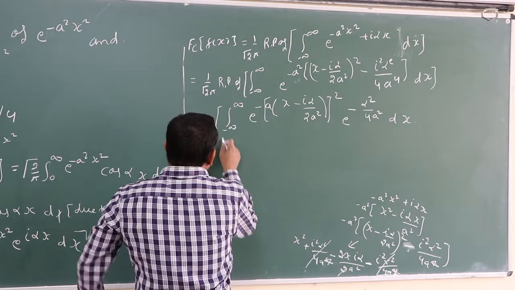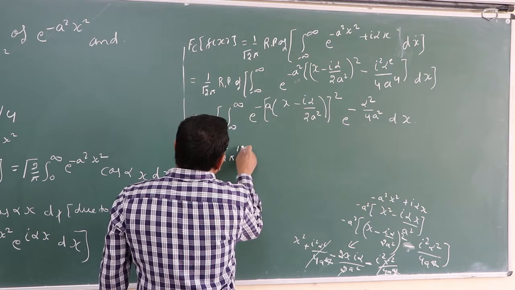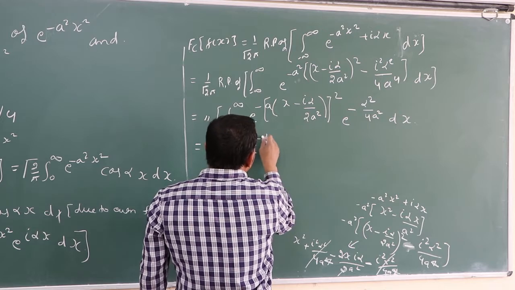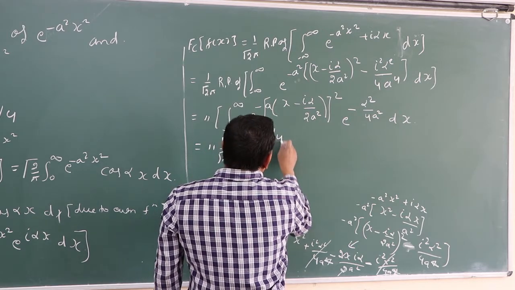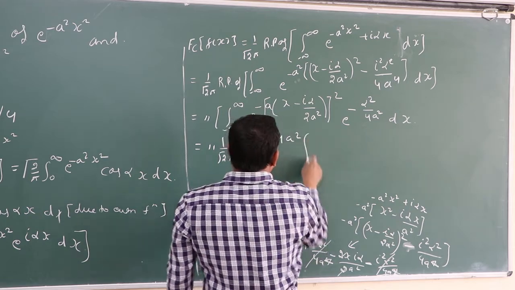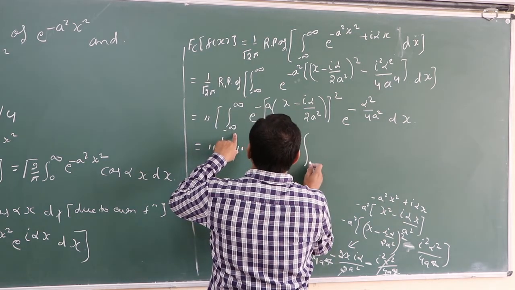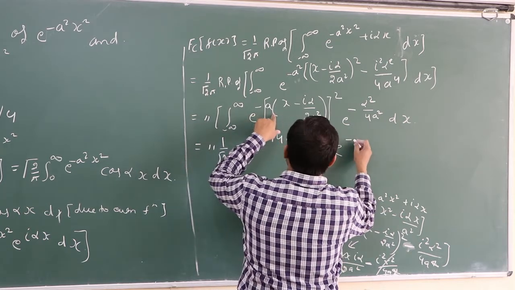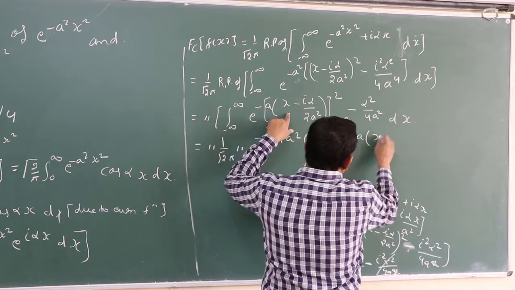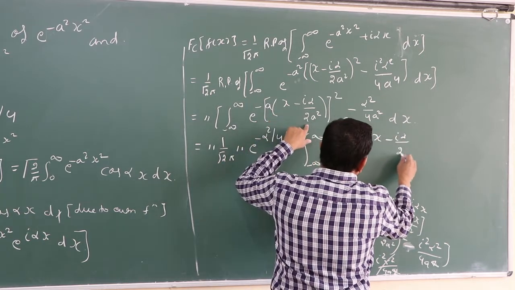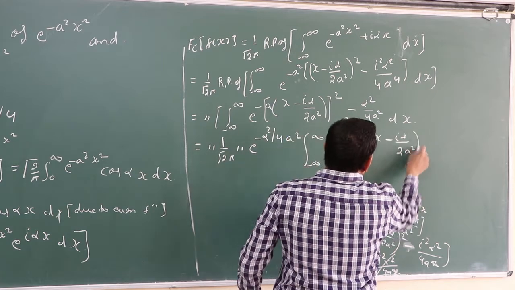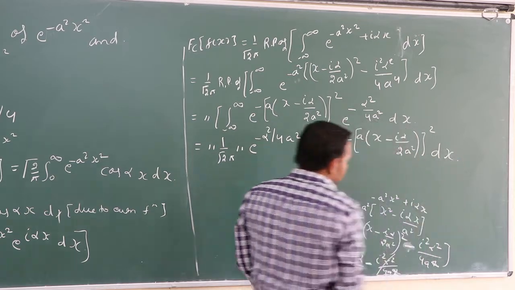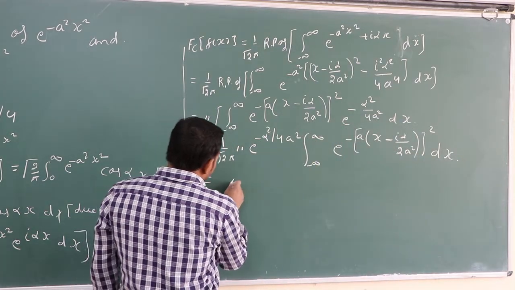So it is 1 upon under root 2 pi, real part, and this term will come out: e to the power minus alpha square upon 4a square, integral from minus infinity to plus infinity of e to the power minus a x minus i alpha upon 2a square whole square dx.